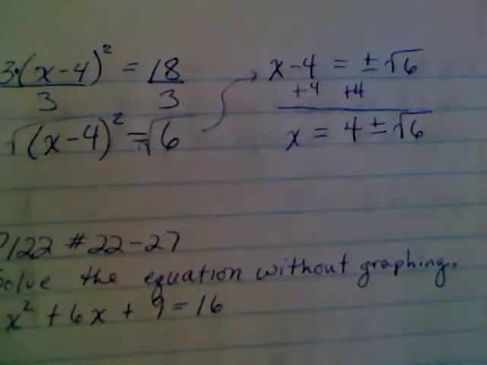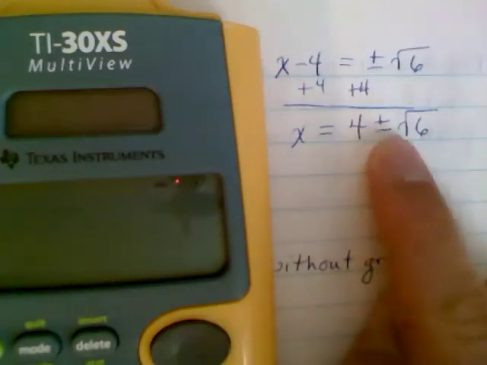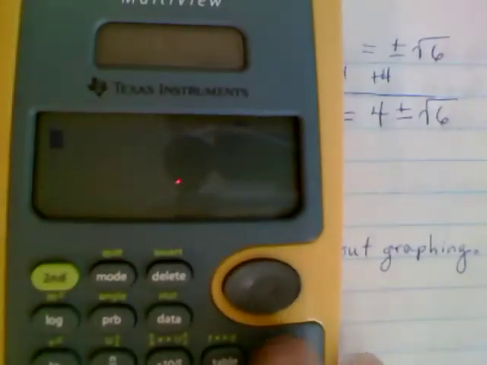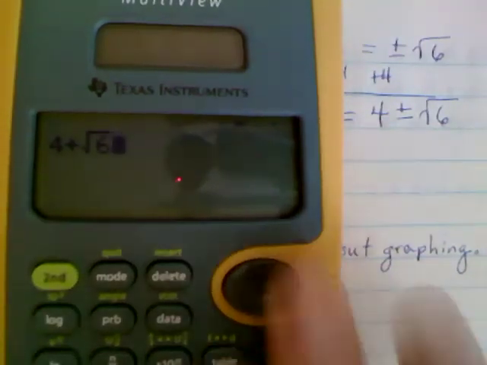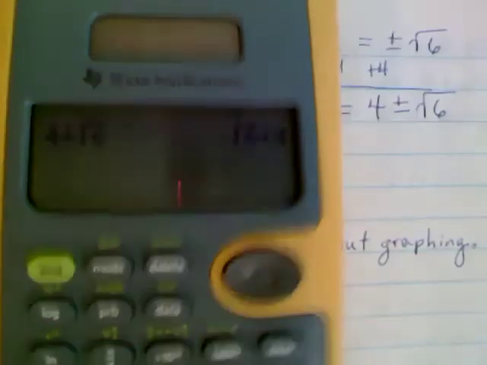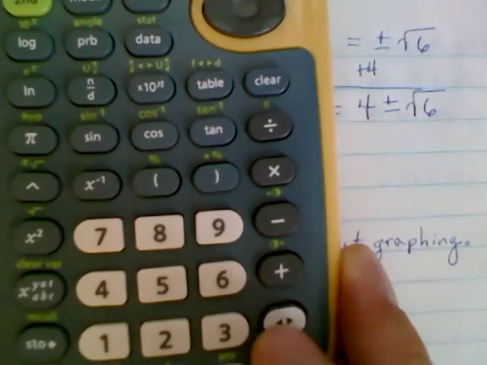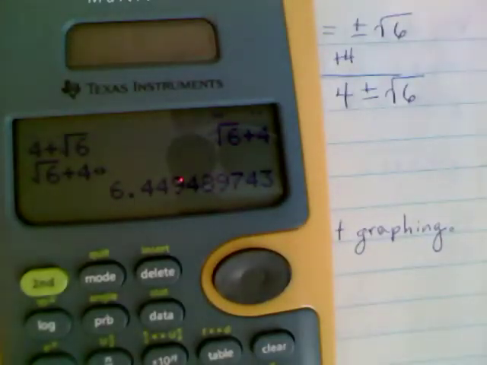Okay, and now what you do is you type in both of those answers. I say both of those answers because there's a plus and then a minus. So you type in 4 plus the square root of 6, and push enter. And then push the fraction button that I showed you earlier, this button here. And that gives you 6.45.